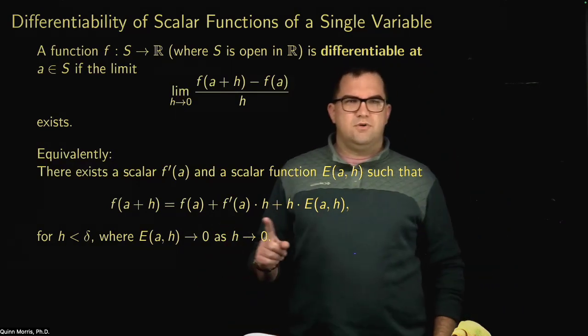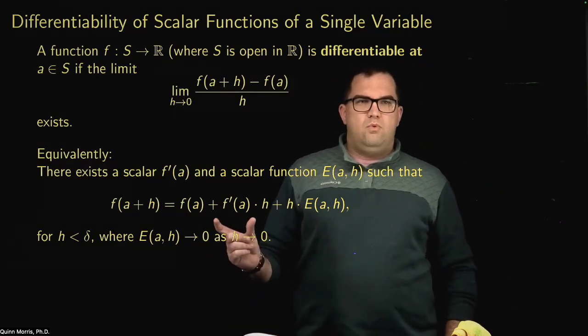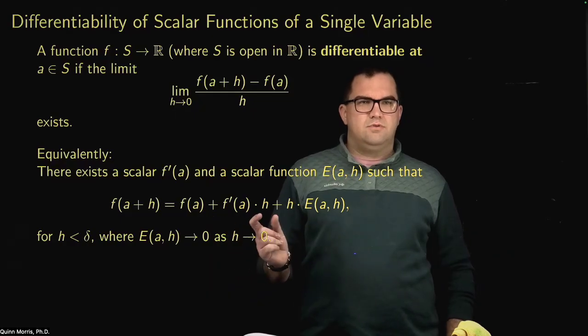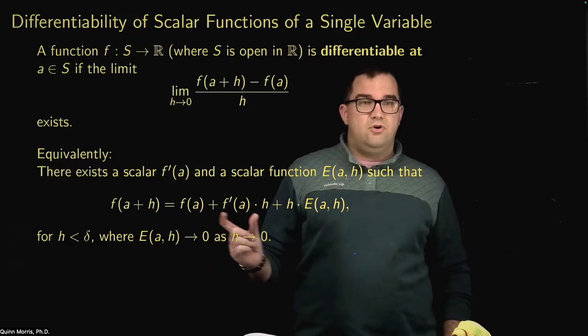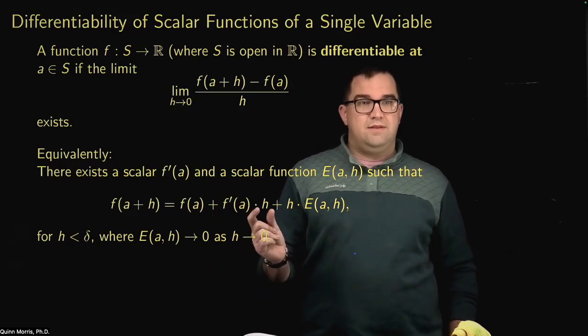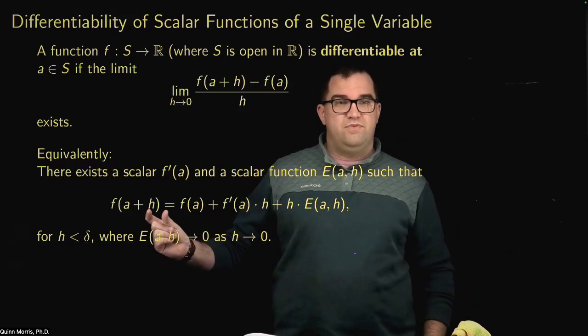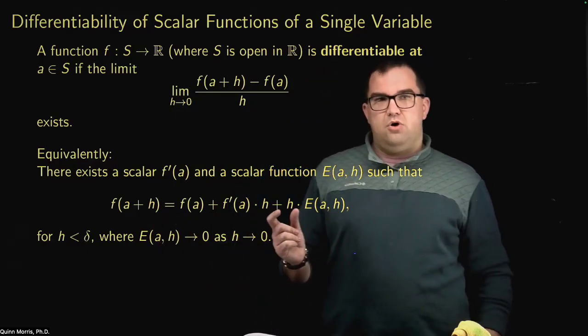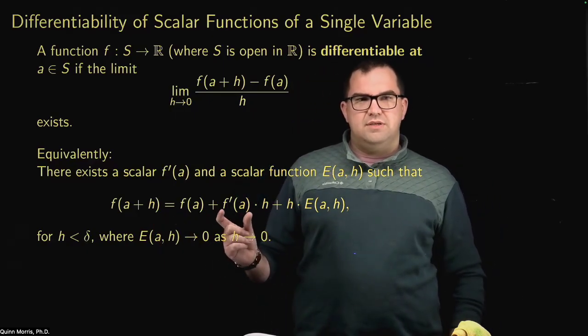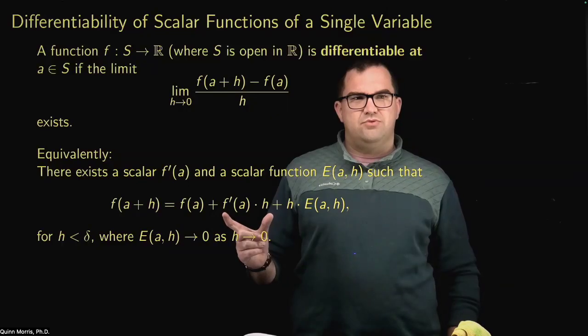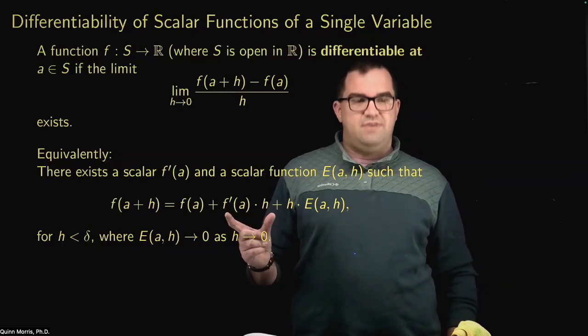Now, what I really have here is a scalar times another scalar, and this scalar is acting on the increment h that I'm moving away from A. So I want to think about how I generalize a scalar times a variable.